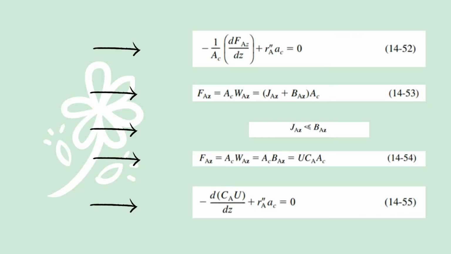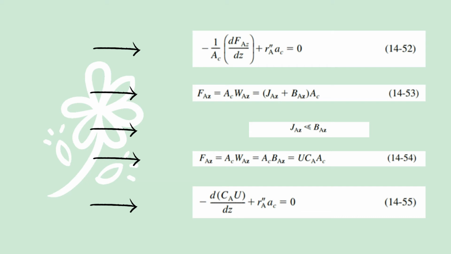We can actually derive some useful formulas using equation 14-51. By dividing equation 14-51 by Ac Δz and taking its limit as Δz approaches 0, we obtain equation 14-52. Now we need to express FAz, or the molar flow rate of A, and r'A raised to n in terms of concentration.